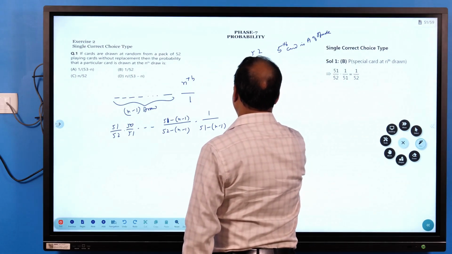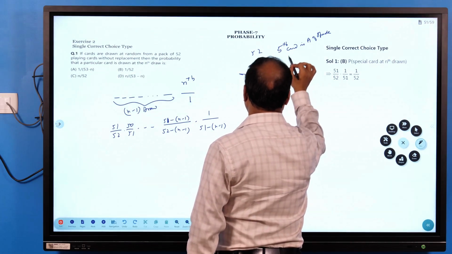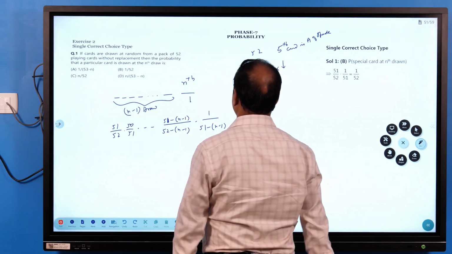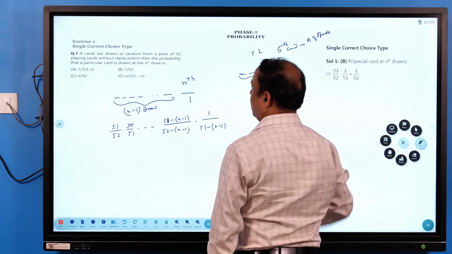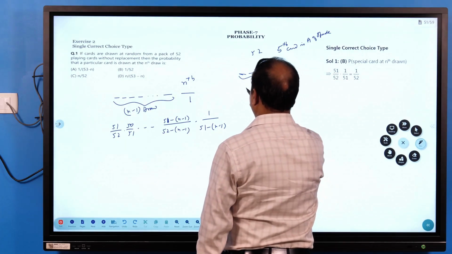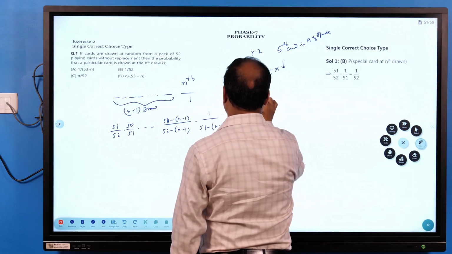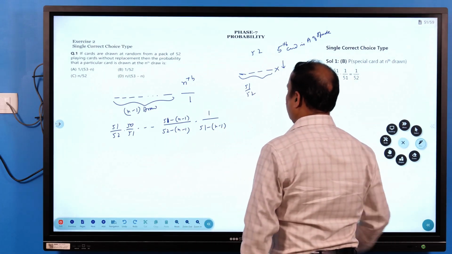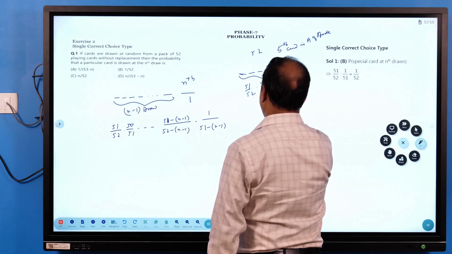So you are drawing 1, 2, 3, 4, and this fifth card is this particular card. So in these 4 events, what is n? n is equal to 5, so n minus 1 is 4. So the first card can be 51 upon 52. Why 51? Because this card we will remove. The second can be 50 upon 51, and so on.